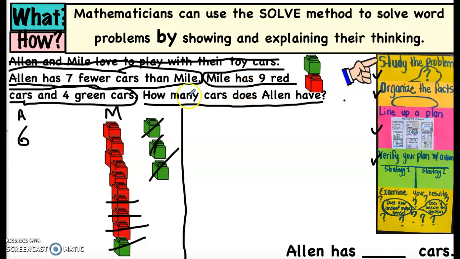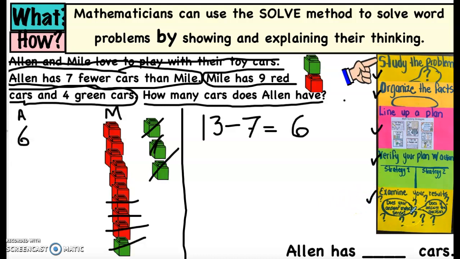We already know that Miles has 13 cars, right? And we also know that Alan has 7 fewer cars. And fewer, we said that he was going to have less. So we're going to take away. And how many are we taking away? We're taking away 7. So 13 minus 7. We did it already. We took away 7 from here. It gave us 6.